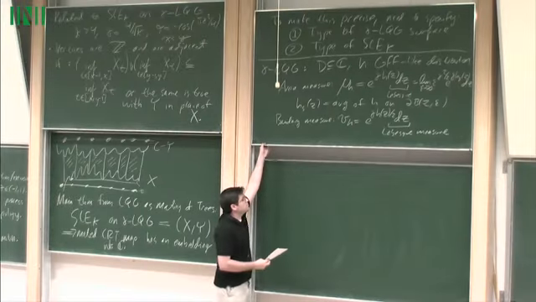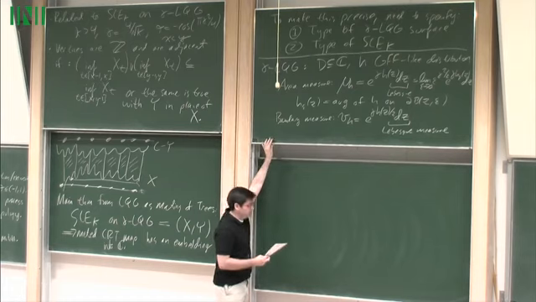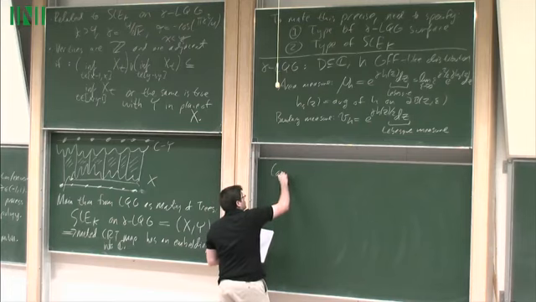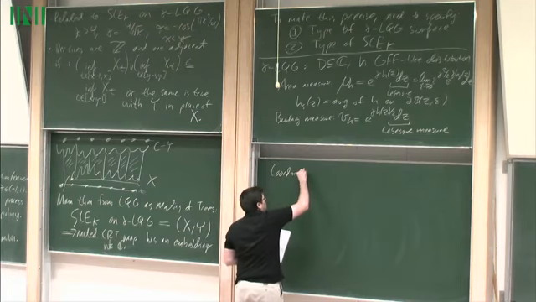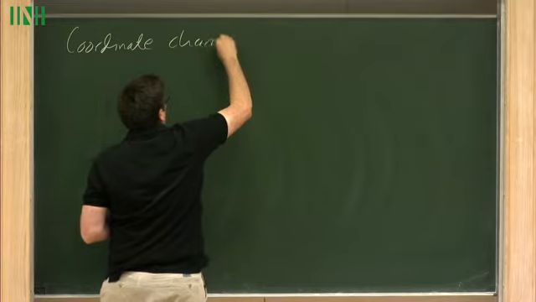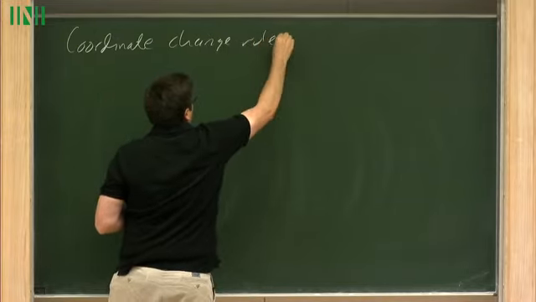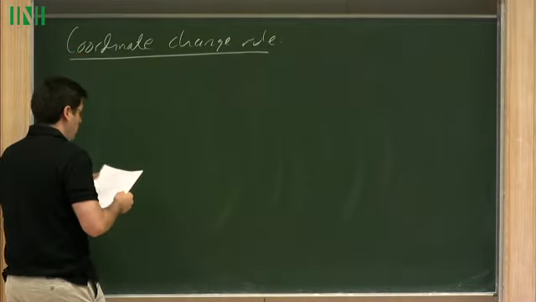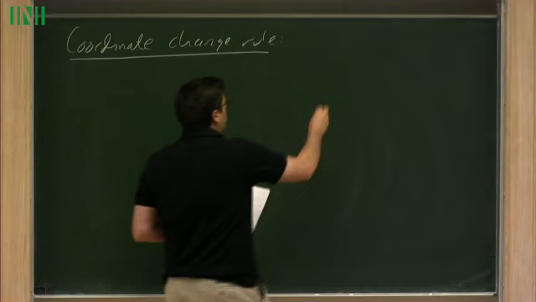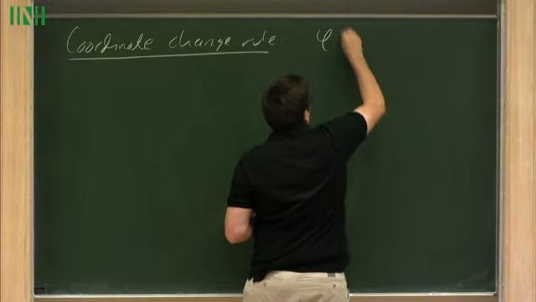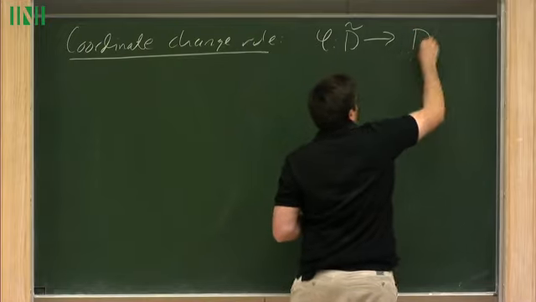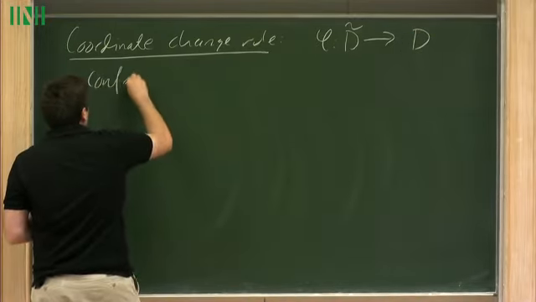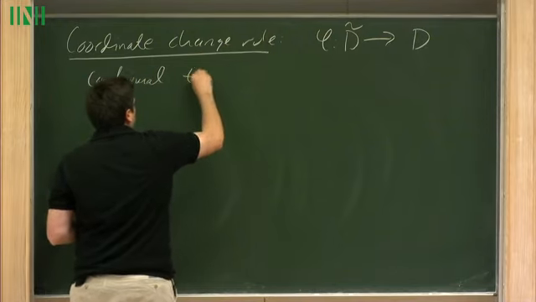Okay, and let me quickly remind you of two other things. One of them is the coordinate change rule. So how does this work? Here you've got two domains, d and d tilde, and you have a map phi which is conformal and goes from d tilde to d. So this is a conformal transformation.